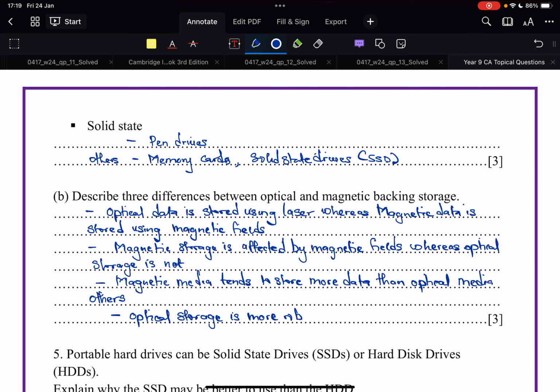It uses laser light and doesn't have any moving part. Optical has a faster data access and transfer speed.